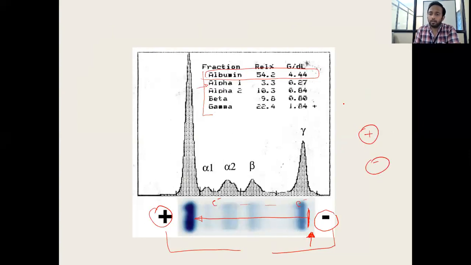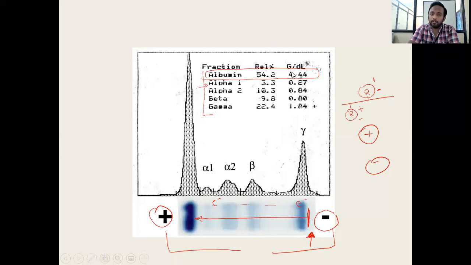We all know protein is a long chain amino acid polymerization with peptide linkage, and the charge on the R groups will determine its charge. If most of it is positive or most of it is negative, the total overall charge on the protein will be positive or negative.